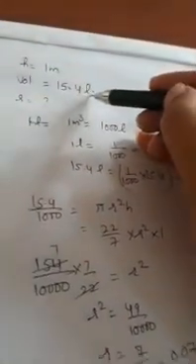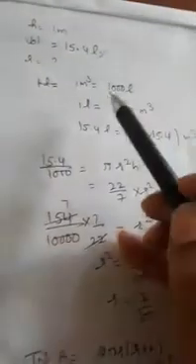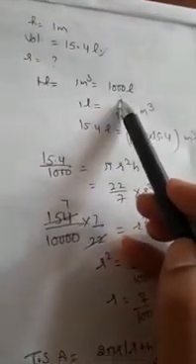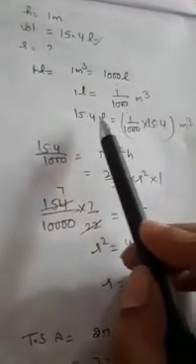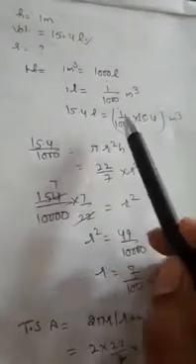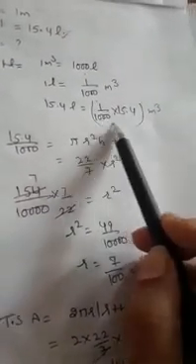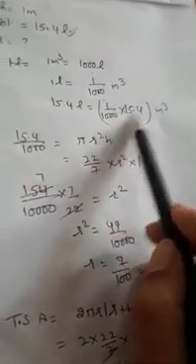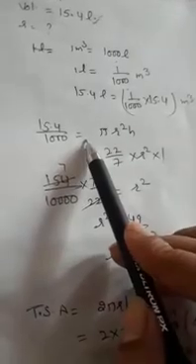Firstly, volume is given in liter. So we will convert this firstly into cubic meter, as 1 cubic meter is equal to 1000 liter, means 1 liter is equal to 1 upon 1000 cubic meter, and 15.4 liter is equal to 1 upon 1000 into 15.4 cubic meter. So keep this up to here only, we will not further calculate this one, and we will use this value as it is in the formula.